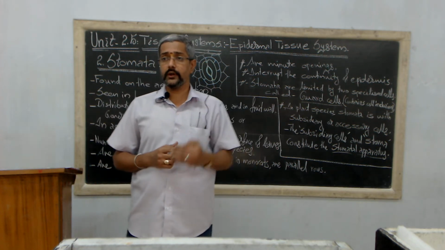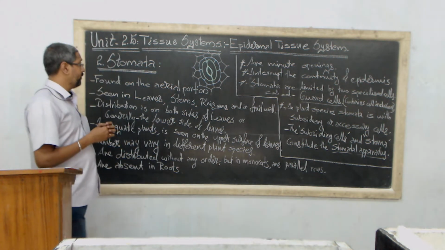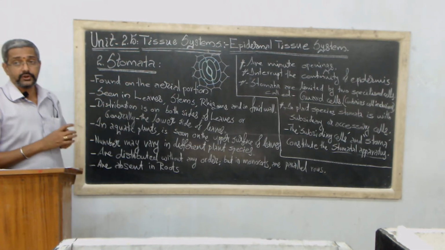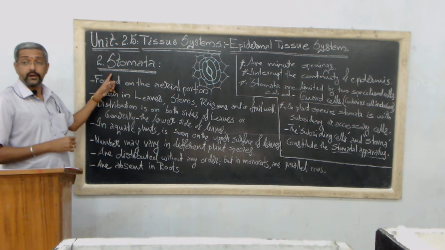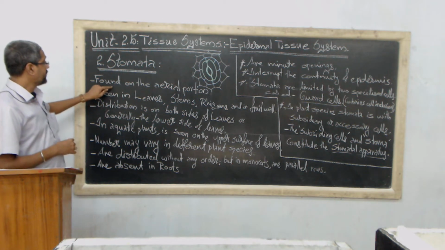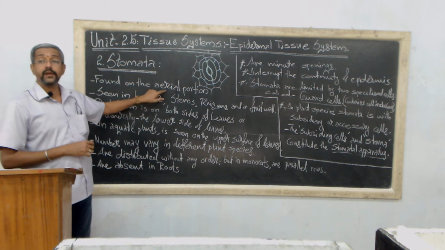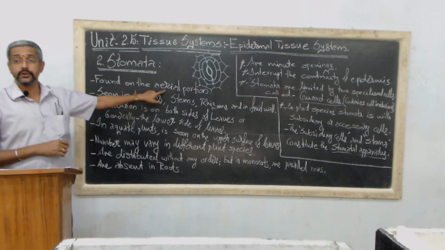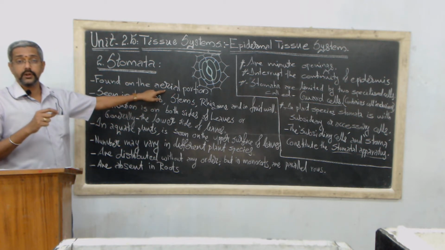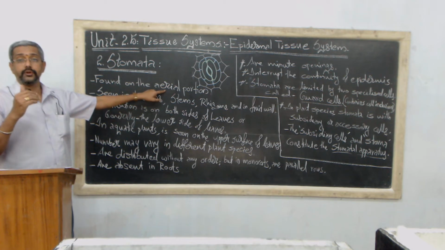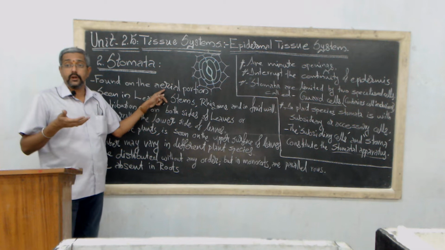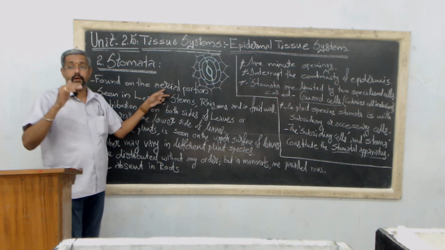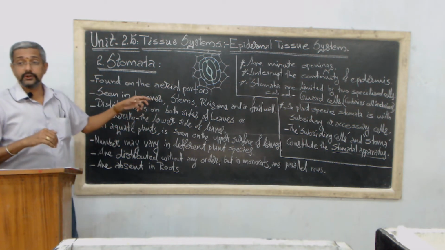Coming to the histological or anatomical level, from the epidermal tissue system, stomata are the second type of differentiated structure, and they are found on the aerial portion. The aerial portion means the portion seen in the air, just above the soil, whereas the underground portion is the root system.